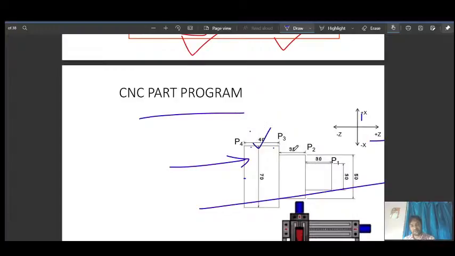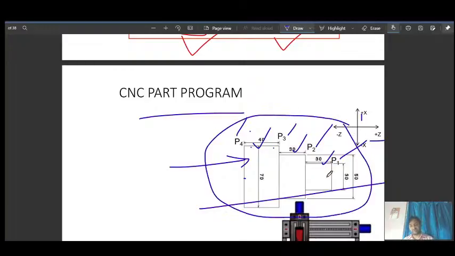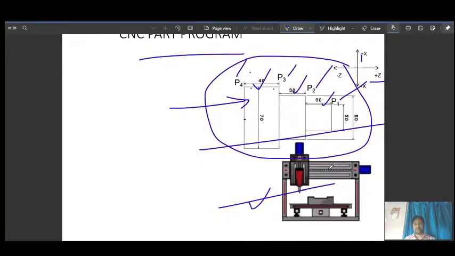This geometry should be defined. Points should be defined for the computer program, and the rest is done by the computer. Once we define and set the path, the computer automatically calculates everything, including tool offset and movement.